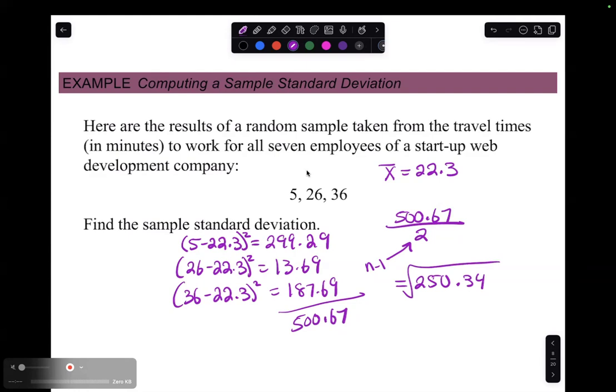So my sample standard deviation is approximately 15.82. Look, I didn't even squiggle. I don't know why I didn't put squiggles. So my sample standard deviation is about 15.82 here. So the only difference is we divide by 1 minus the size of our sample rather than the whole sample size. Questions?